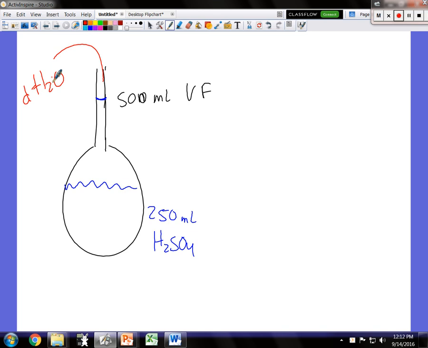So you're only going to slowly increase the amount of water, right? Every time a water drop hits that acid, it's going to start to heat up because it's an exothermic process. The more and more water you add, the more and more heat is going to happen, right? And what's eventually going to happen to this glass? It's going to crack.